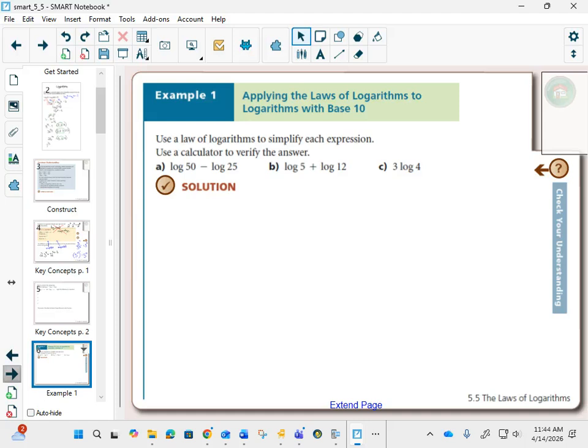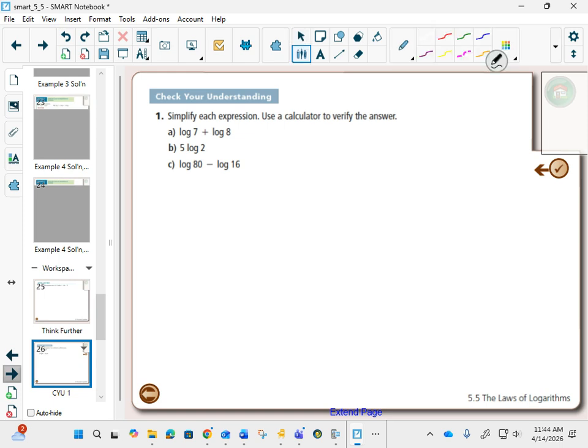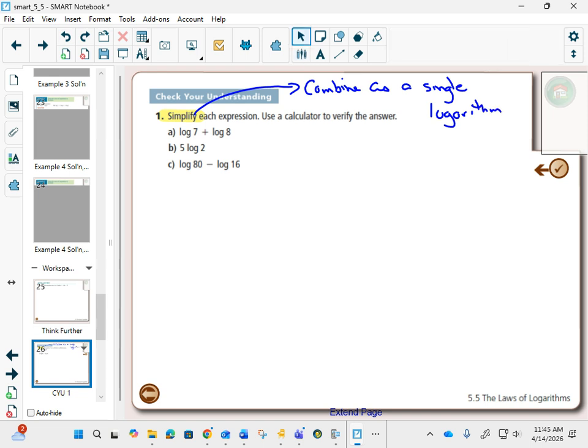So, example 1. Example 1 has simplify. Simplify is the left-hand side of a logarithm. Sometimes you will see the same instruction, and the left-hand side all has single logarithms.